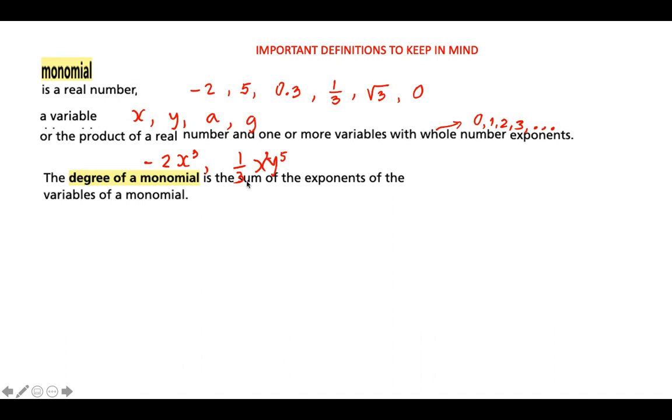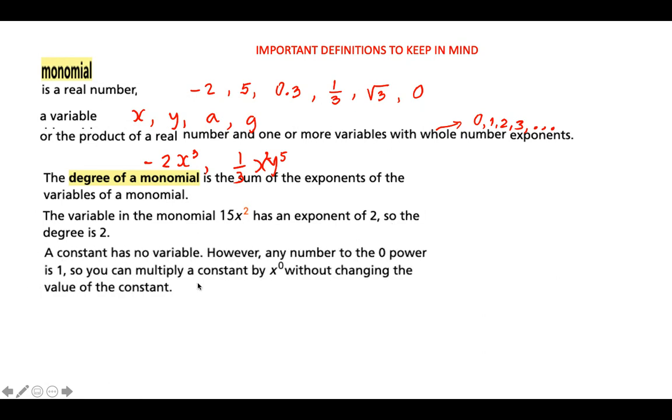But if there were two, like in this case, one variable with exponent 2, one variable with exponent 5, in that case you add to get the degree of that monomial. In this case, 15x to the second power, as I was saying, there is only one exponent, so that will be the degree. But if you had more than one variable, you would add all the exponents.